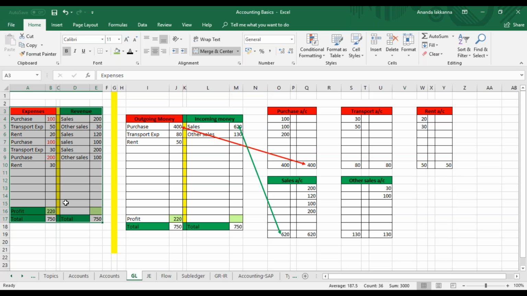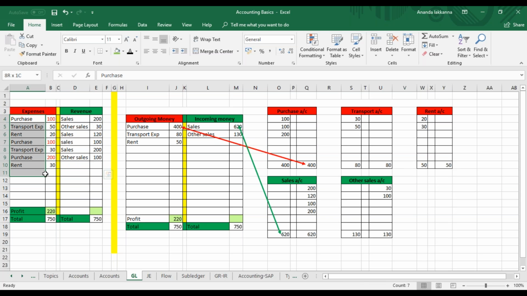Then he wants to dig into all these accounts, each and everything. How many times purchase has been done, how much transport, how much rent you paid, how much salary you paid. Each and every transaction is entered. And also how much sales were done, and whether any manual errors in entering the documents were made.